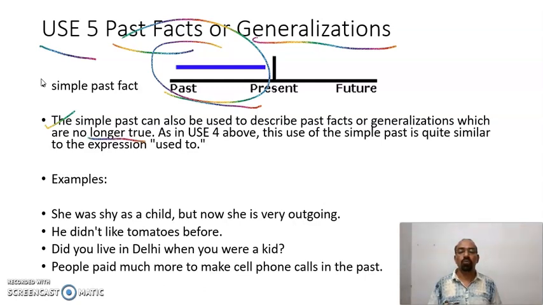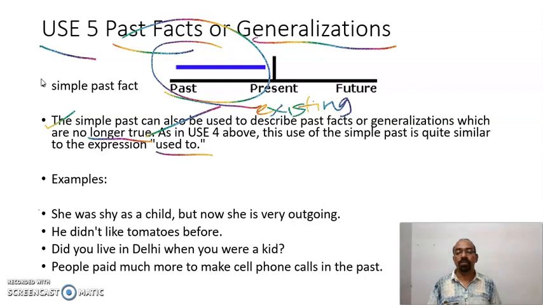No longer true means they are no longer existing now. It is only a past habit. As in use 4, this use of the simple past is quite similar to the expression used to.